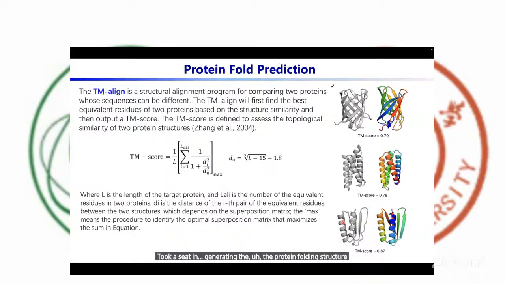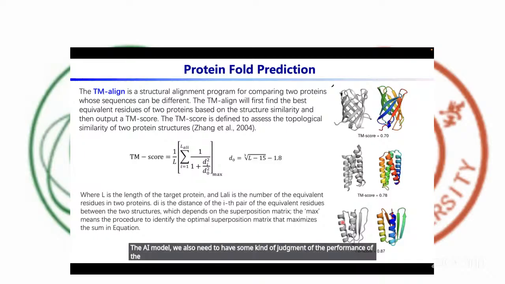So how do we evaluate performance? Whenever we talk about an AI model, we always need to have some kind of judgment of the performance of the model, right? So how do we judge?